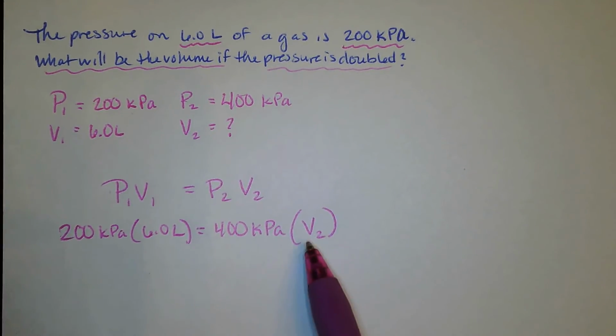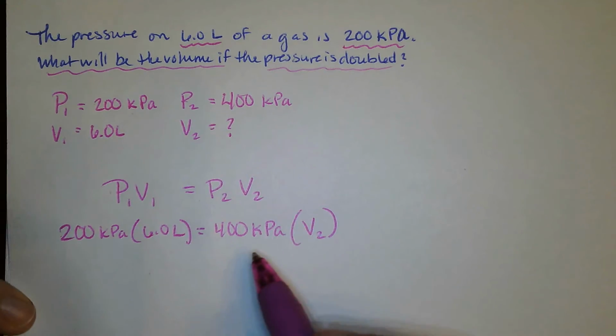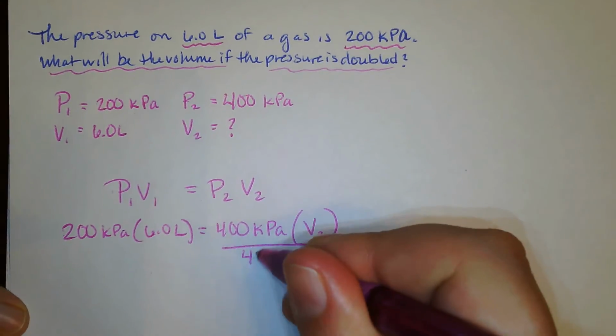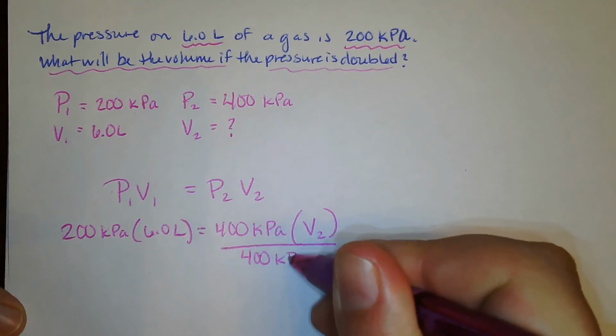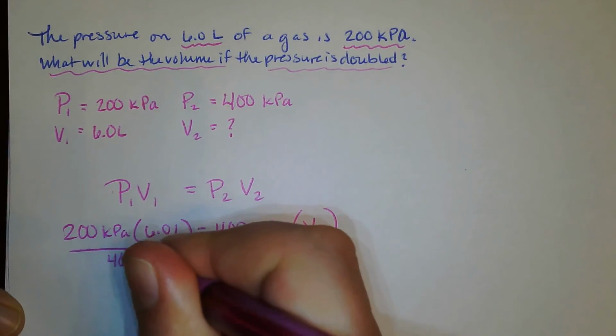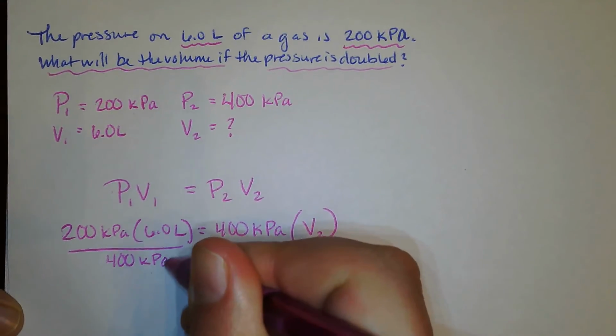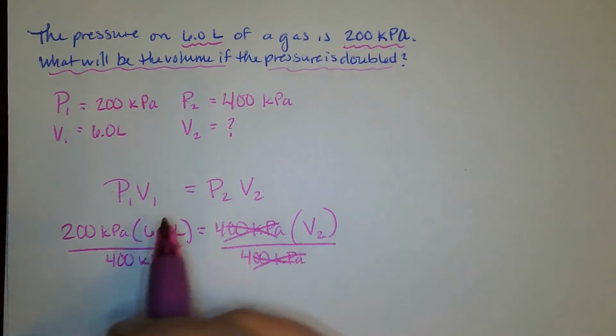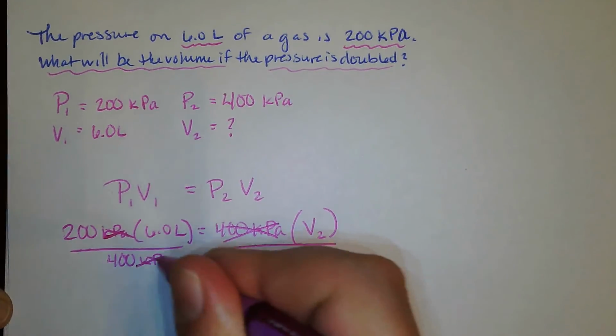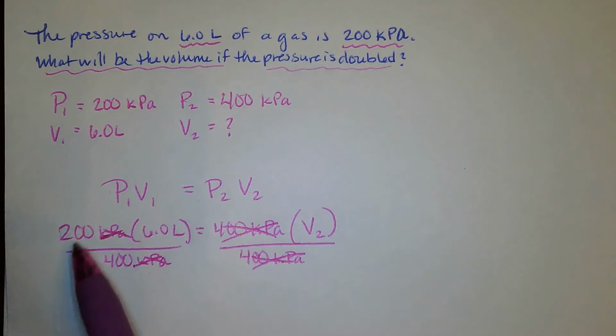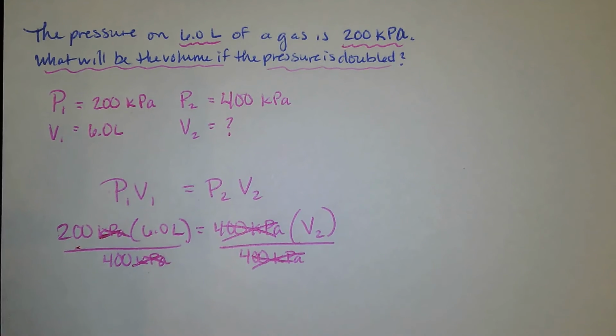So now we want to solve for V2, so let's divide away the 400 from both sides. These cancel. Here, the kilopascals, the units cancel. So now I have 200 times 6 divided by 400. Let me type that in really quick.